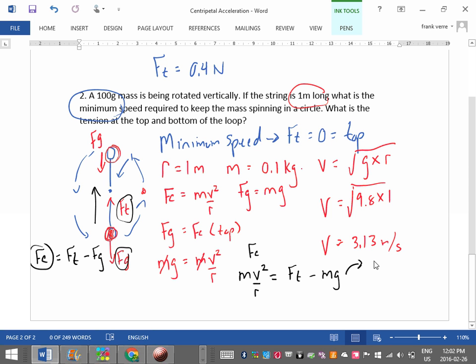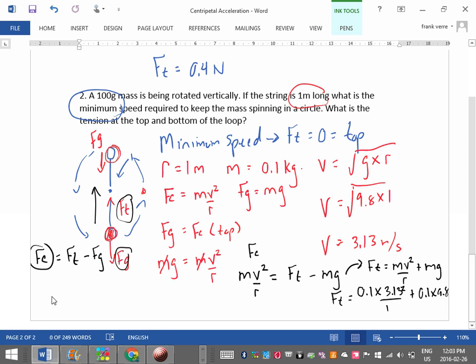Let's rearrange this and say tension has to be the net centripetal force plus the mass times g, or the weight. So what is that? That will be 0.1 times, we know what the speed is, 3.13 squared over 1, plus 0.1 times 9.8.